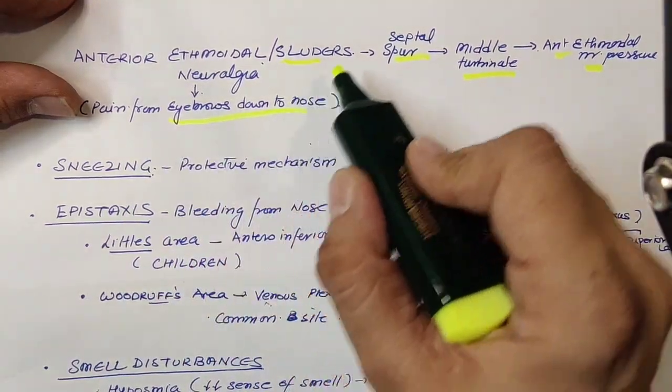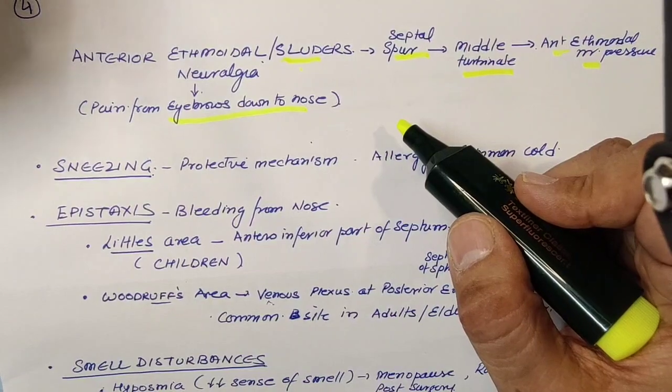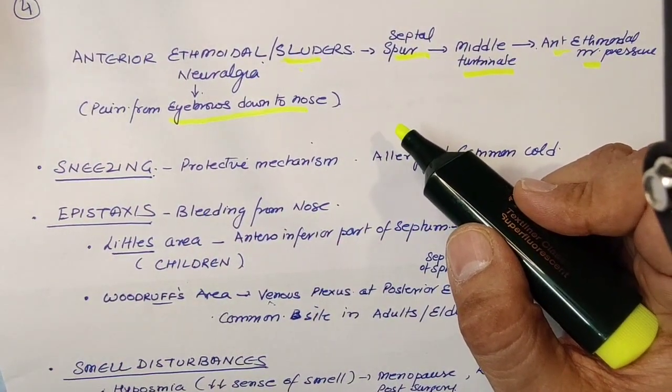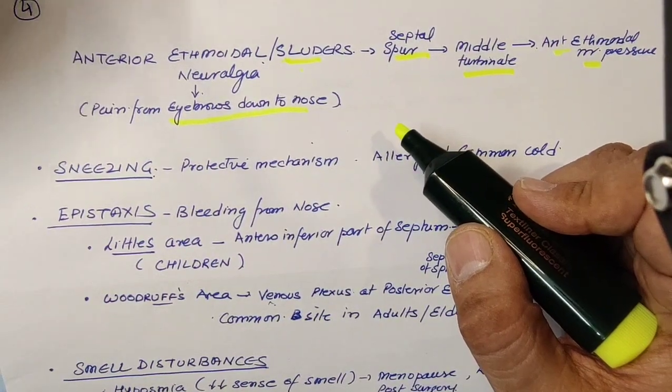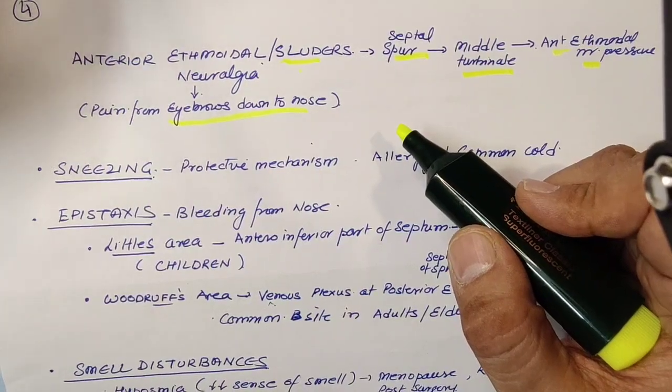So this is called Schluder's neuralgia, and you can be asked by the examiner, what do you mean by Schluder's neuralgia, especially if you are presenting a patient who has got a nasal problem. Okay, so you have to specifically ask for these problems.